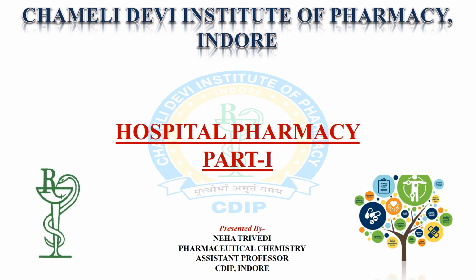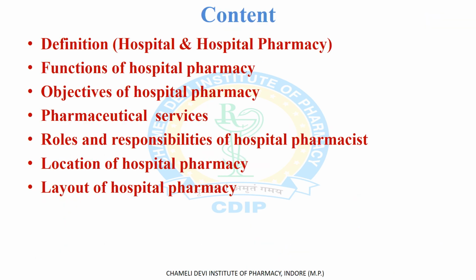In this session, we are going to discuss hospital pharmacy part 1. Before moving ahead, I would like to mention the content of the session. First, there is a definition part covering hospital and hospital pharmacy.